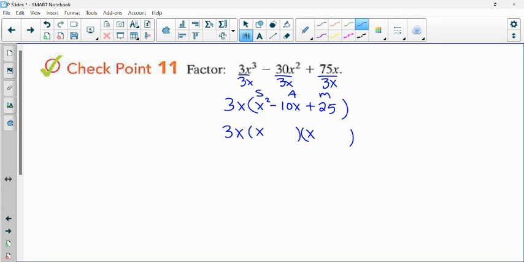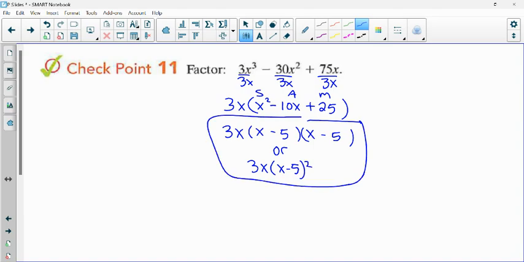We have x and x. And we're saying what multiplies to 25 and adds to negative 10. Negative 5, negative 5. So this is also a perfect square trinomial as well. So you could also write it as 3x times x minus 5 quantity squared. You could also write it that way. You don't have to. Either one works. Okay.